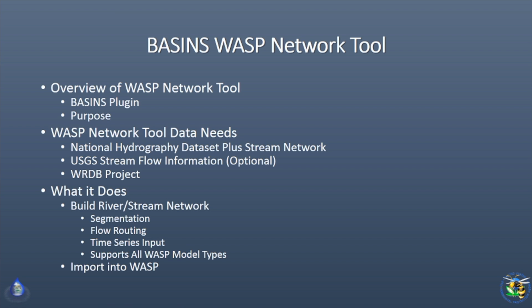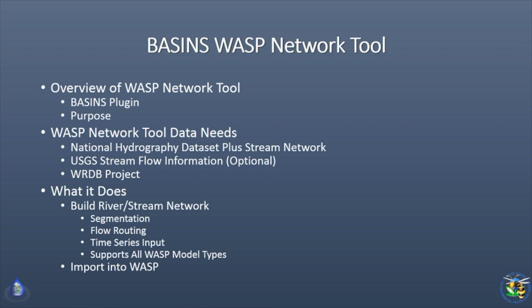So what it's going to do is build a WASP network based upon the characteristics you select from the stream network. And this not only includes doing the main stem, but it'll do tributaries, as you'll see in a moment in the demonstration. And it'll apply simple rules for segmenting the network into segments that are appropriate for the model.